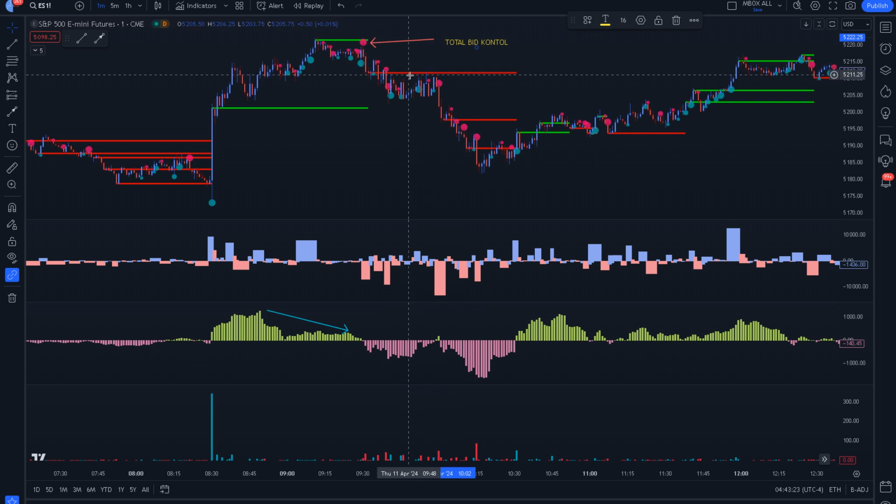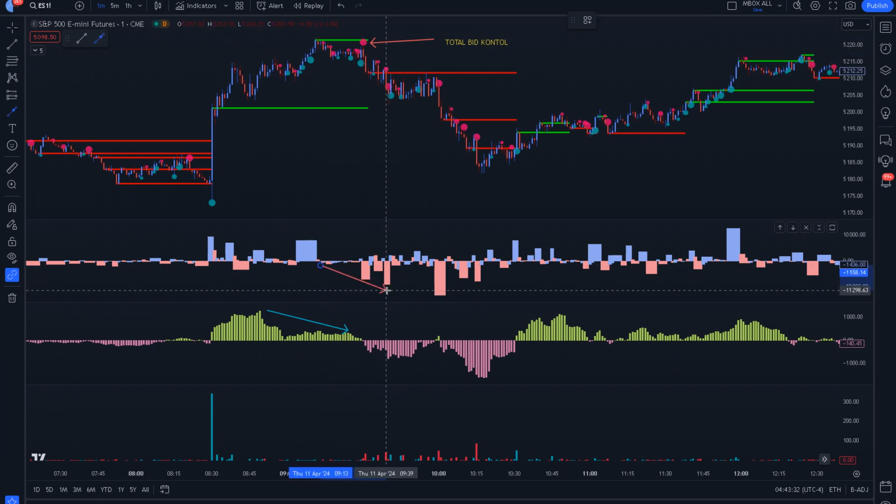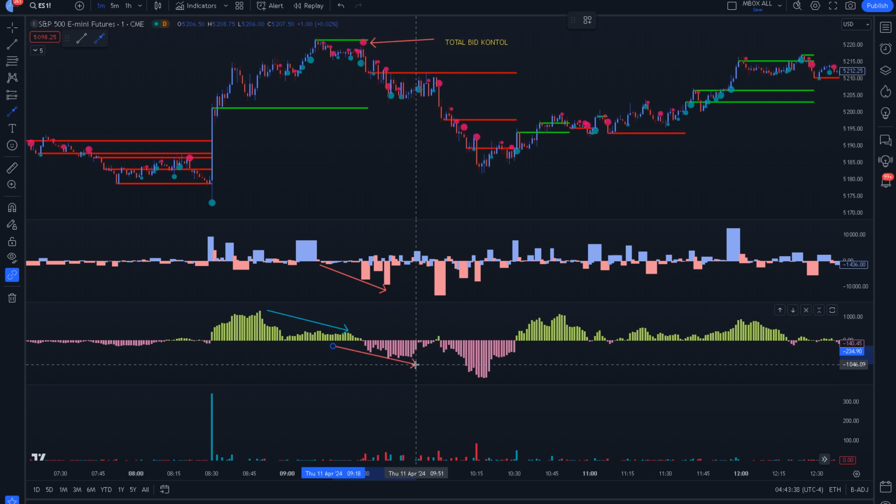We get a ceiling line here, and we get a nice sort of transition here. We get the expansion of selling, and we get the crossover. Price touches up against the ceiling, this floor again, and then it gets rejected.